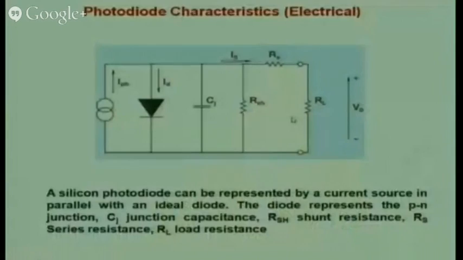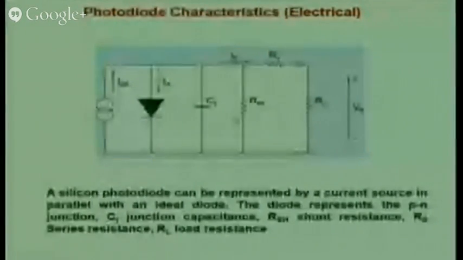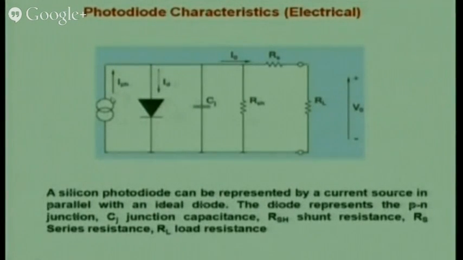I must then look at the electrical characteristics, the components, the equivalent circuit of this photodiode. It gives me a photocurrent, a dark current, a junction capacitance, because the barrier has a junction capacitance, and a shunt resistance. The P and N materials under reverse bias give me a high shunt resistance.